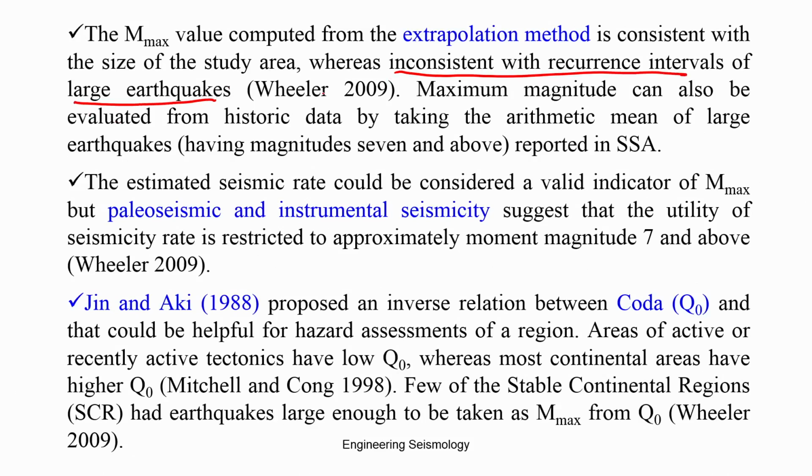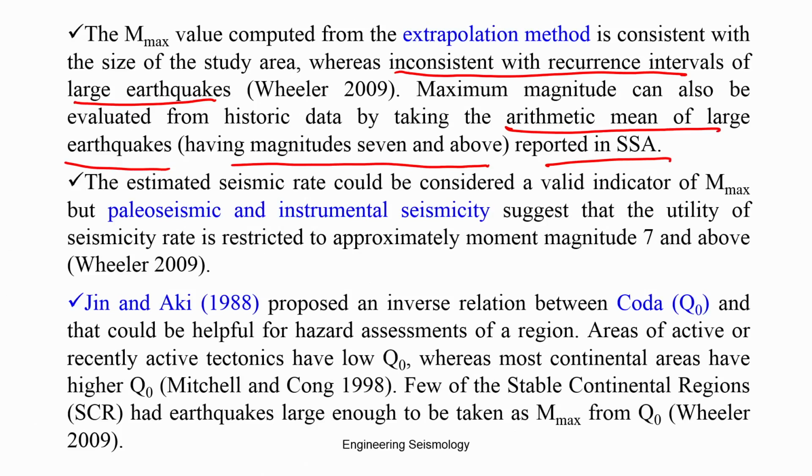Wheeler 2009 studied different m max approaches for nuclear power plant design in the US, took a different approach, and commented after doing the analysis. That is what we are discussing right now, whatever points he has commented. The maximum magnitude can also be evaluated from the historic data by taking an arithmetic mean of the large earthquakes having magnitude 7 and above reported in the seismic study area. So Wheeler also suggested that extrapolation can be done like this, an arithmetic mean kind of approach.